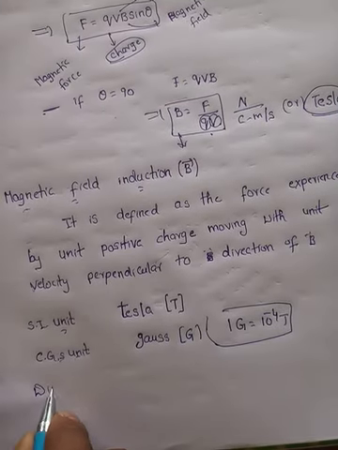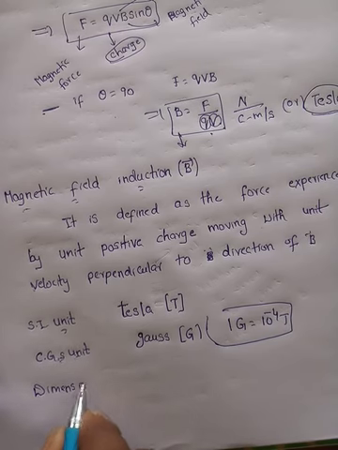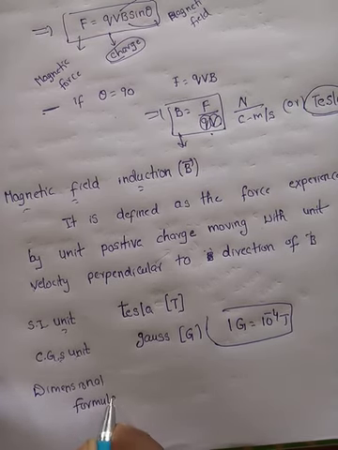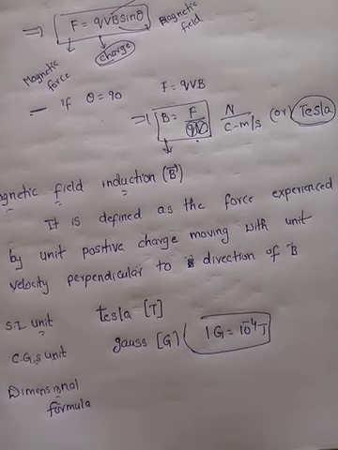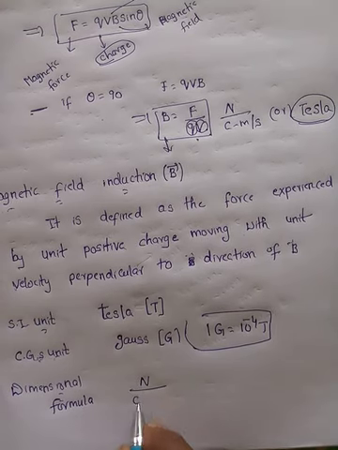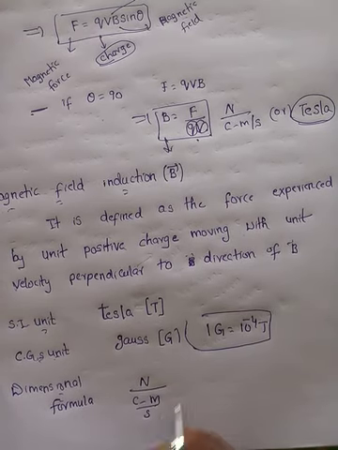What about the dimension formula? Dimension formula we will write. What is the formula here? Newton divided by Coulomb meter per second.